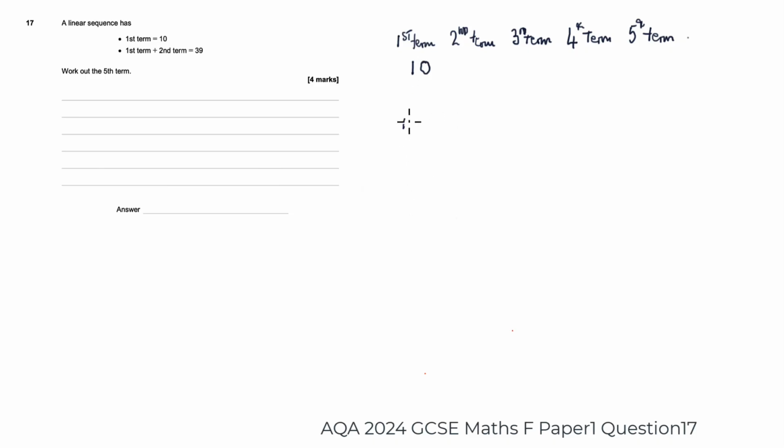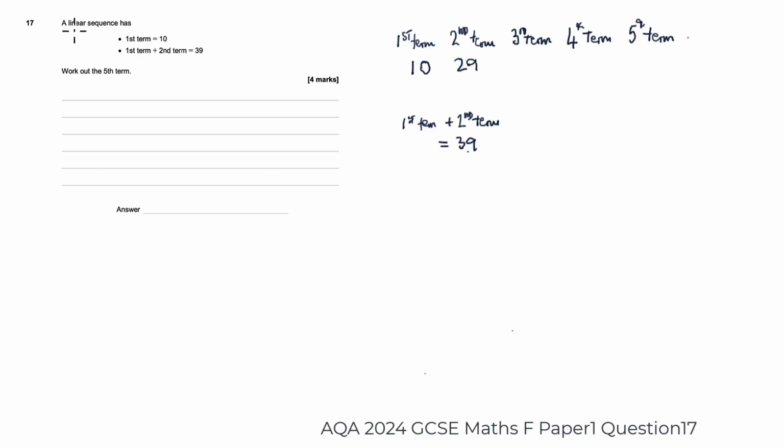And that if you add the first term and the second term, you get 39. So this number plus this number gives us 39. Well, if you take 10 away from 39, you'll get 29. 10 plus 29 gives us 39. So there's the first two terms.